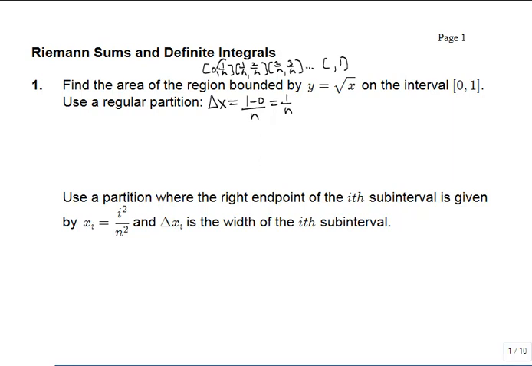Now normally, just to make our life easier, we use right endpoints to construct the heights of our rectangles. So we would want to generate each of these right endpoints. And you can see that each one of them is just an additional 1 over n each time.